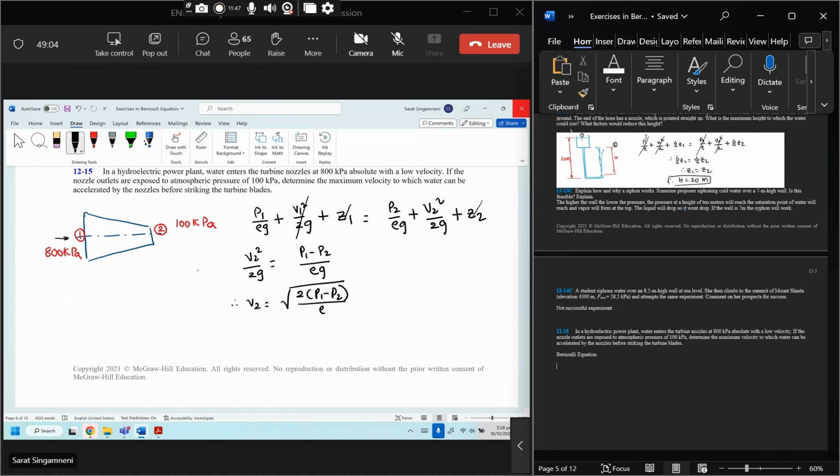So substitute the given conditions. Therefore, V2 equals the square root of 2 times (800 kilopascals minus 100 kilopascals).